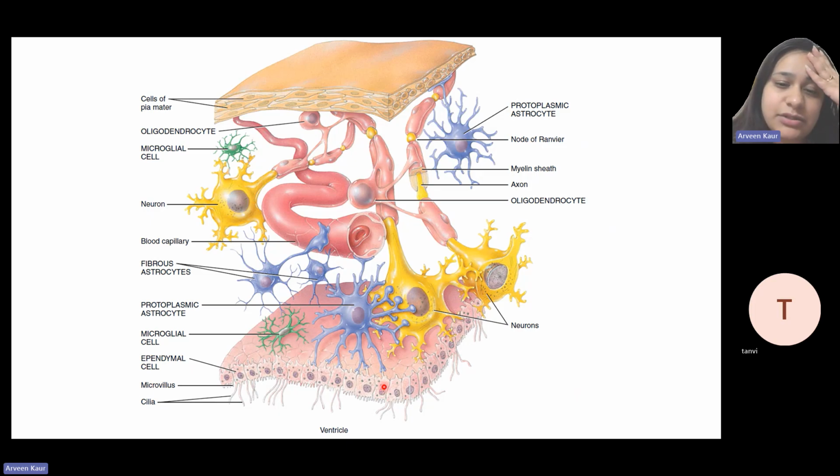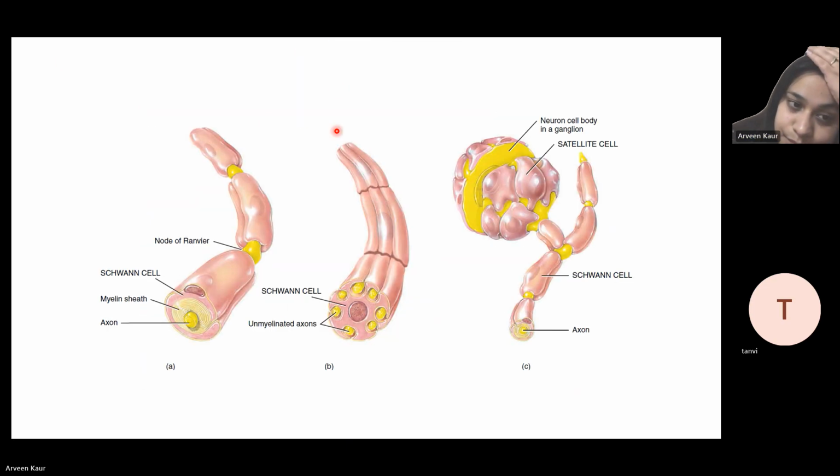Then you can see the ependymal cells over here at the bottom, right? The oligodendrocytes have been marked, right? So all these various kinds of glia are taking up so much space over here, right? Along with the neurons, so many of them are also present, right?